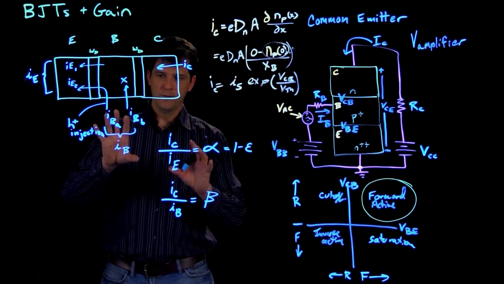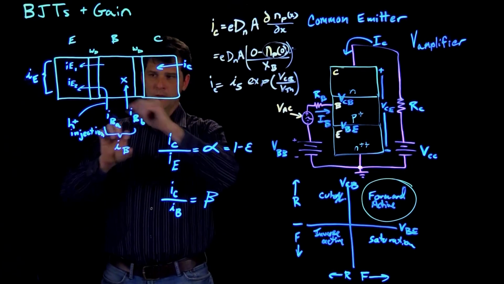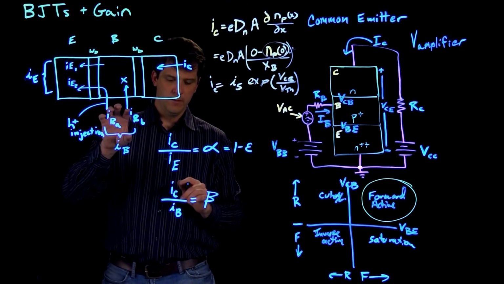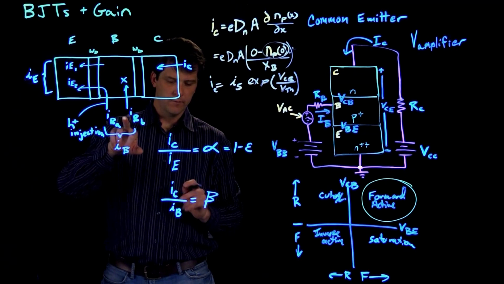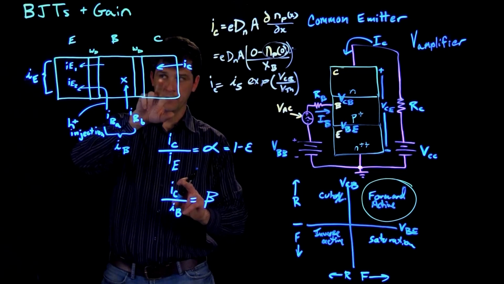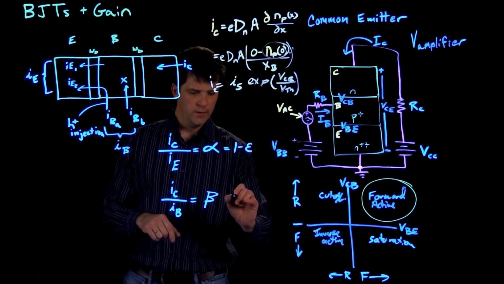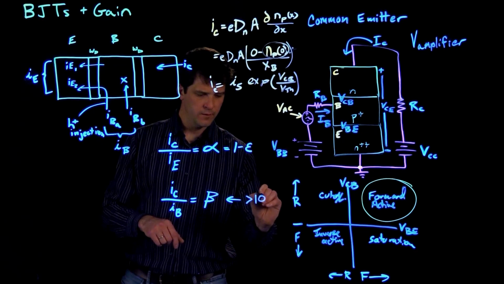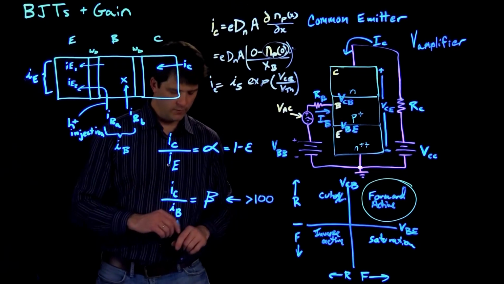And this is more directly visualized from what I was talking about here, that we want the base currents to be as small as possible and the collector current to be as large as possible. And so this number should be something greater than 100 or something of that order.